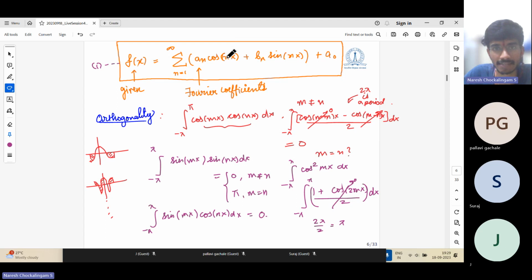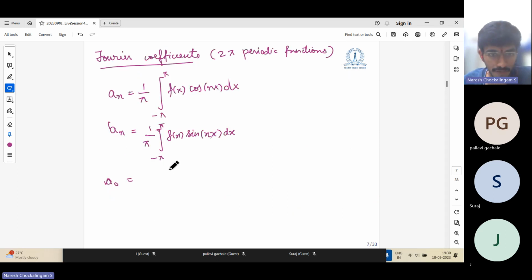This term definitely vanishes because all these are 2 pi periodic. You just get a naught, a constant, integrated from minus pi to pi, and dx integrated from minus pi to pi is 2 pi. So you get 2 pi times a naught is equal to the integral from minus pi to pi of f of x dx. Just bring the 2 pi this side, you get 1 by 2 pi.